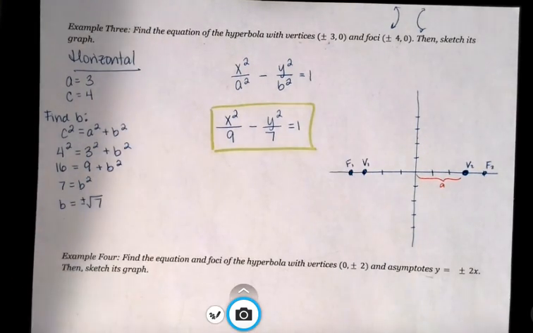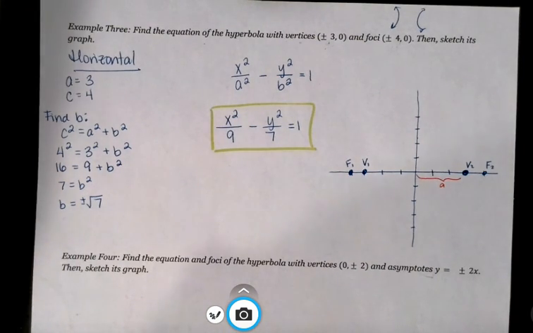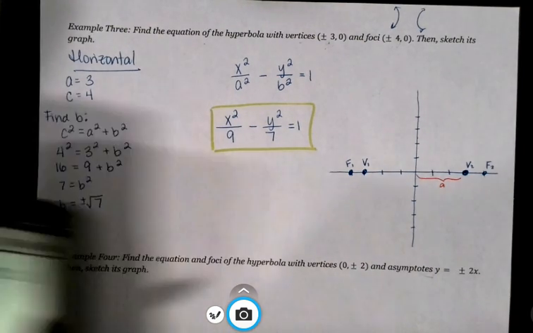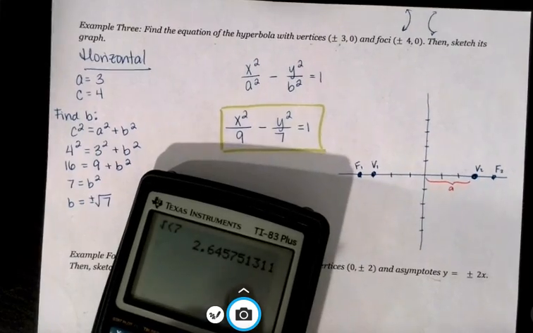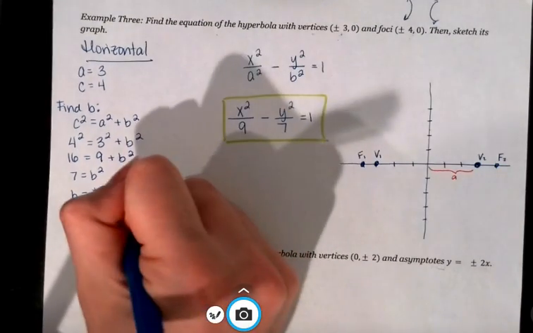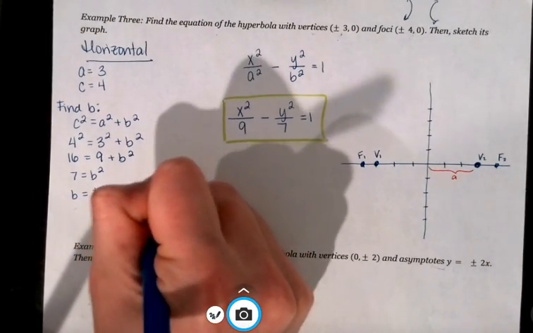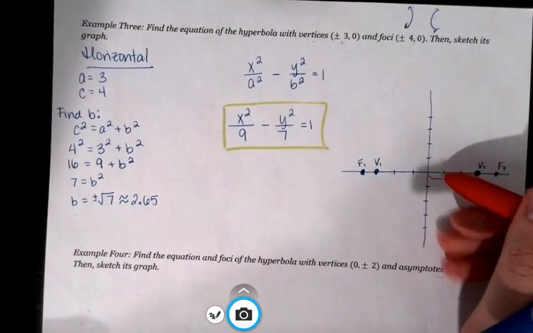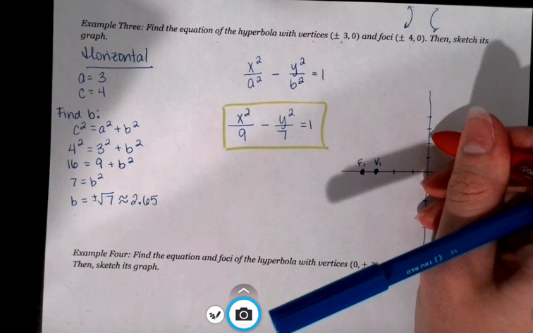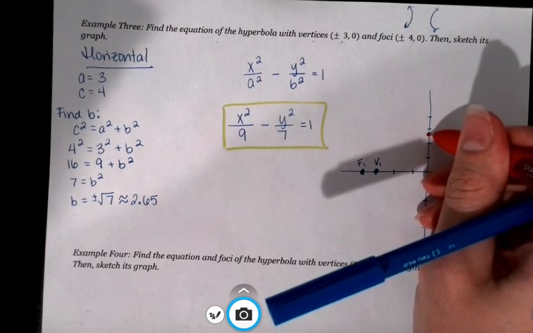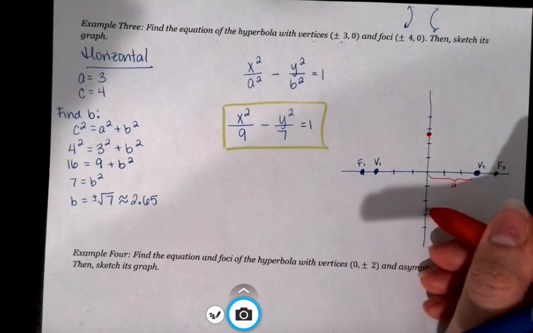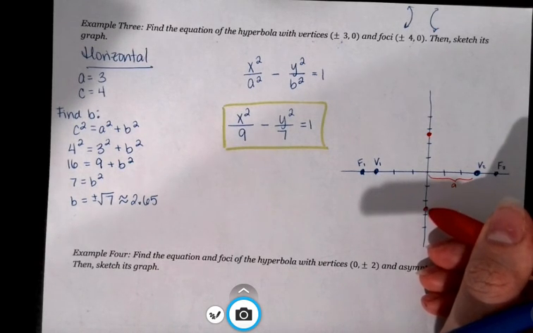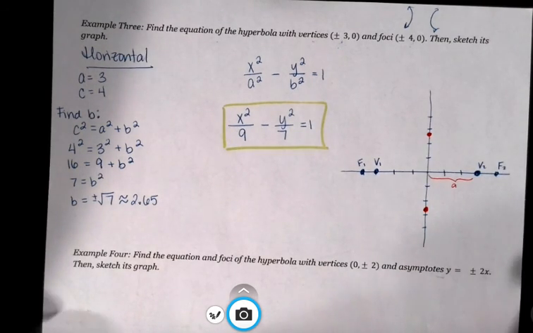So I need to figure out what the square root of 7 is. Square root of 7 is about 2.65. So from my center here, I am going to go up 2.65. So I'm going to put it just above 2.5. And then down 2.65. So a little bit further than 2.5. And I can create that box.